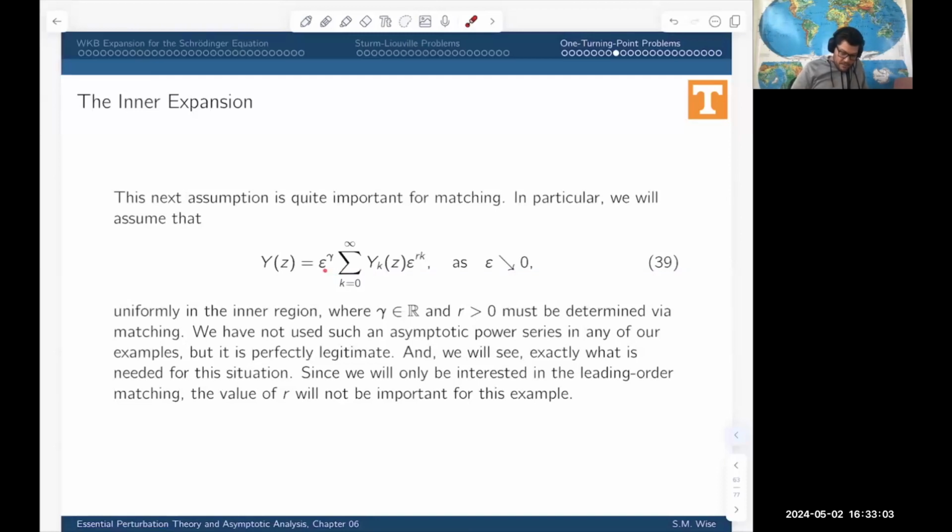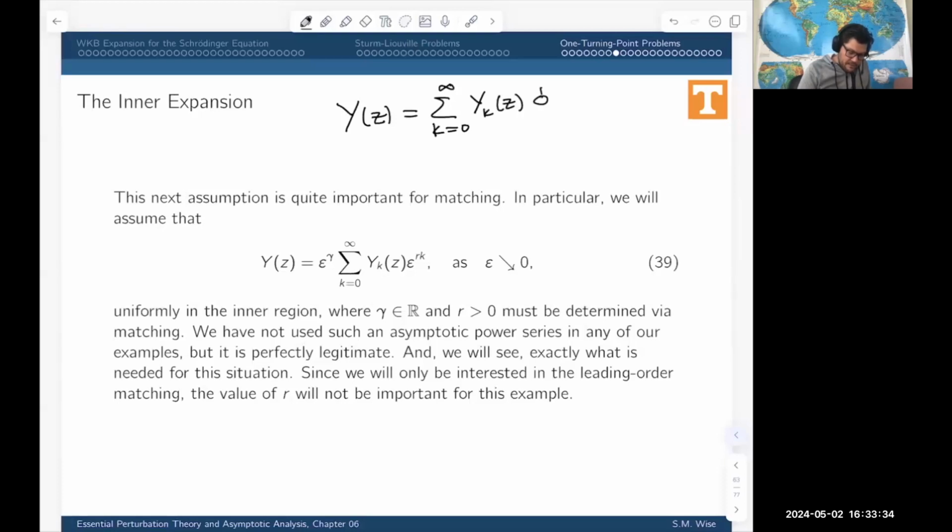So this epsilon to the gamma power, where gamma is any real number, is still going to produce an asymptotic sequence for us. Because remember the requirement: whenever we want to produce an asymptotic series, we needed an asymptotic sequence so that when we expanded, we had something like this.